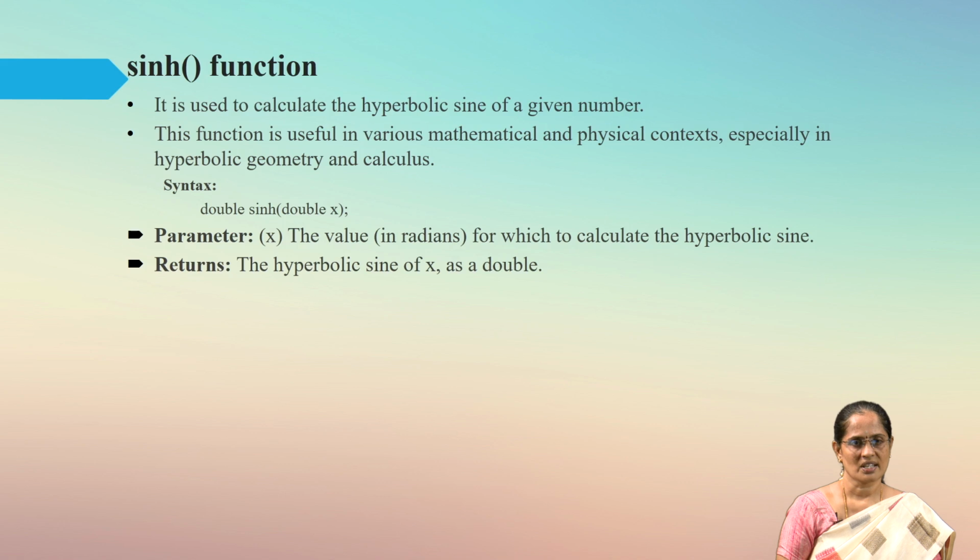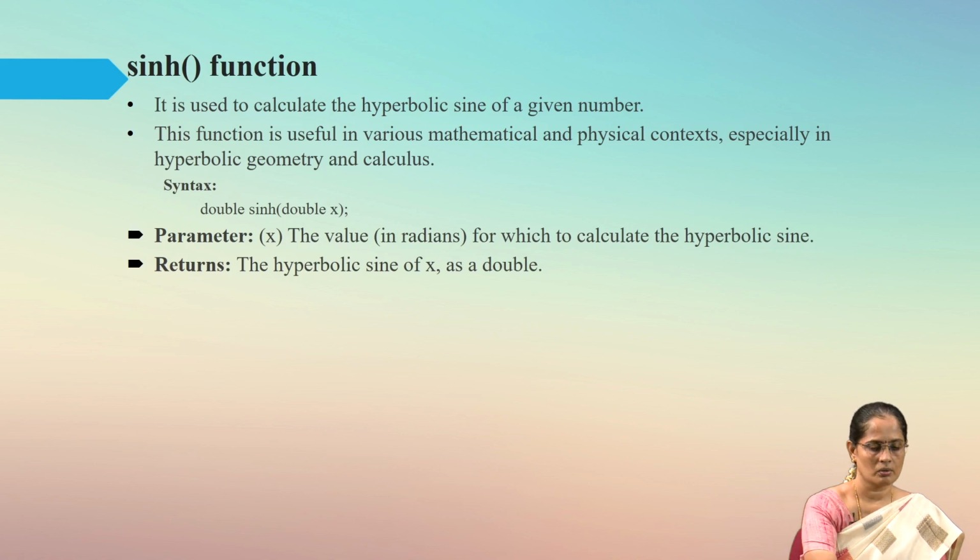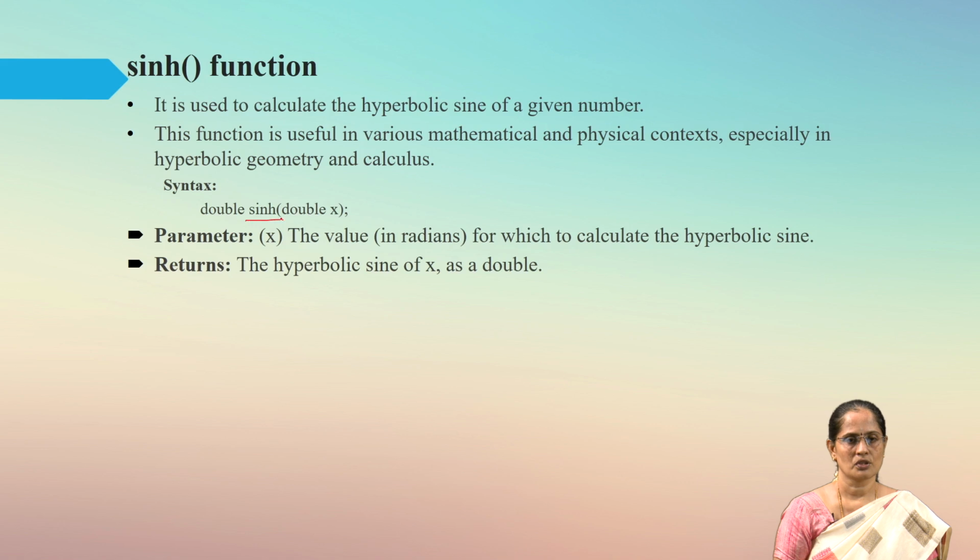Then sinh is a hyperbolic sine function which is used to get the sinh value. The only thing that differs syntactically is the function name sinh, and the parameter should be given in radians, and it gives the result as the hyperbolic sine, or sinh value.